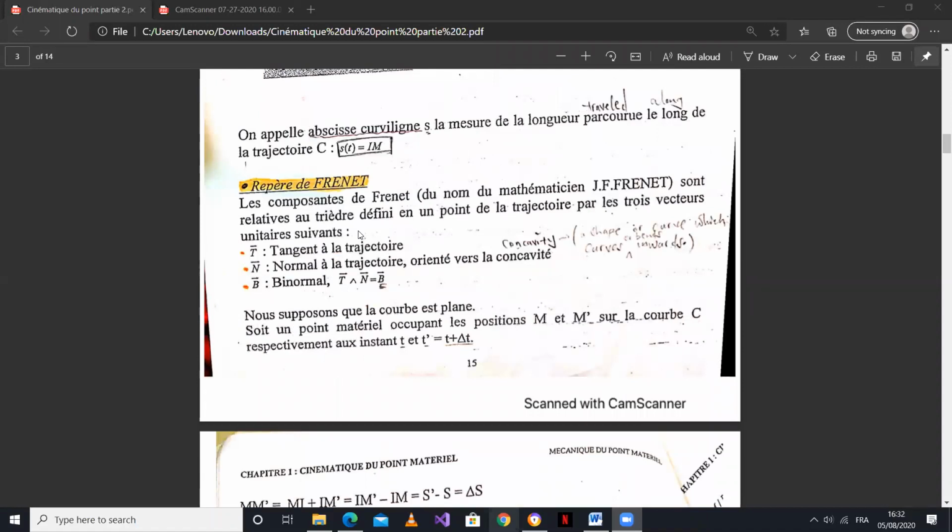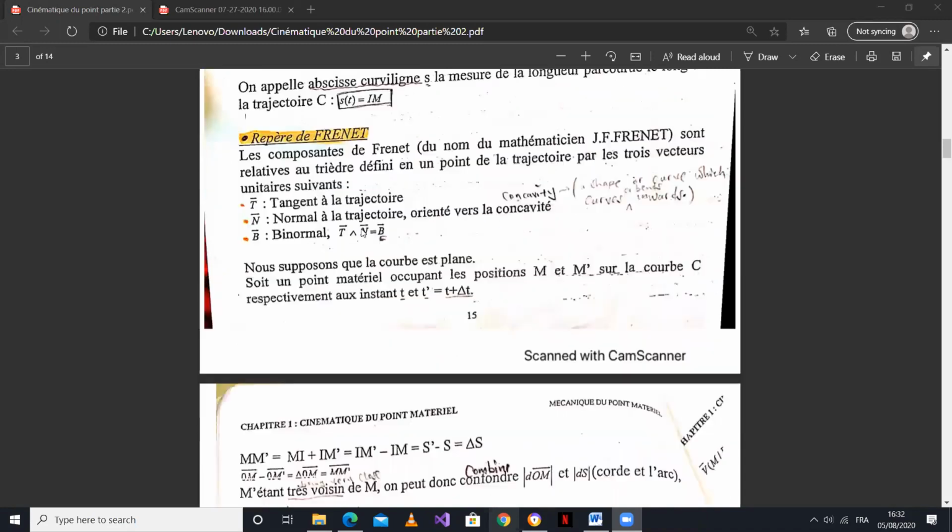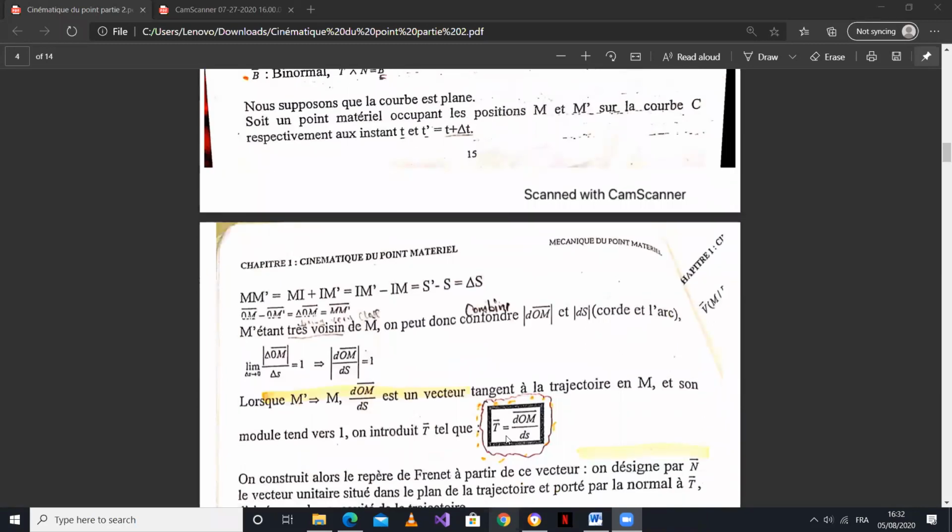Another reason why it's convenient that T should be equal to d OM over dS is because the module of d OM over dS is equal to 1, and we know that T, c'est un vecteur unitaire, alors son module aussi égale à 1. So we have T, you take note, it's even highlighted there in the box, saying T égale d OM over dS. It's important that you remember this.